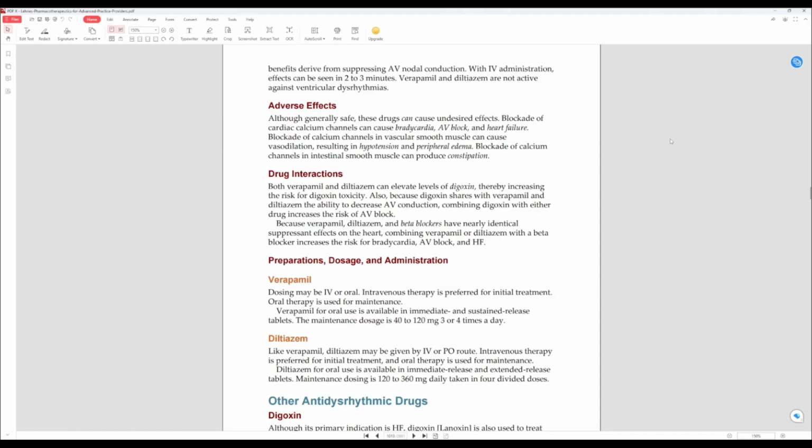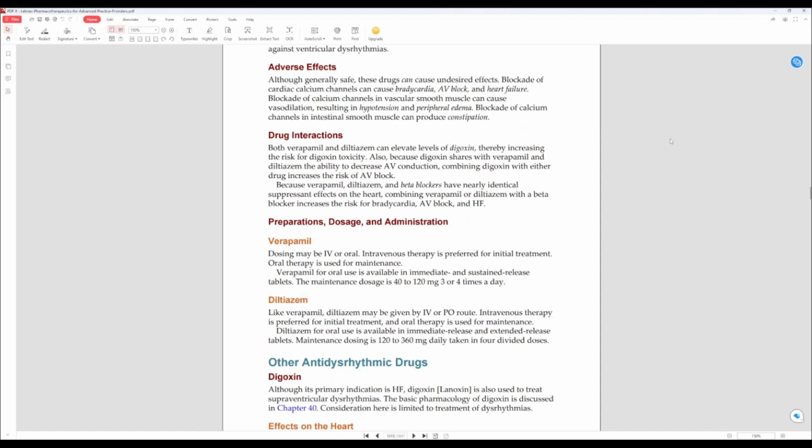Blockade of cardiac calcium channels can cause bradycardia, AV block, and heart failure. The blockade of calcium channels in vascular smooth muscle can cause vasodilation, resulting in hypotension and peripheral edema. Blockade of calcium channels in intestinal smooth muscle can produce constipation.